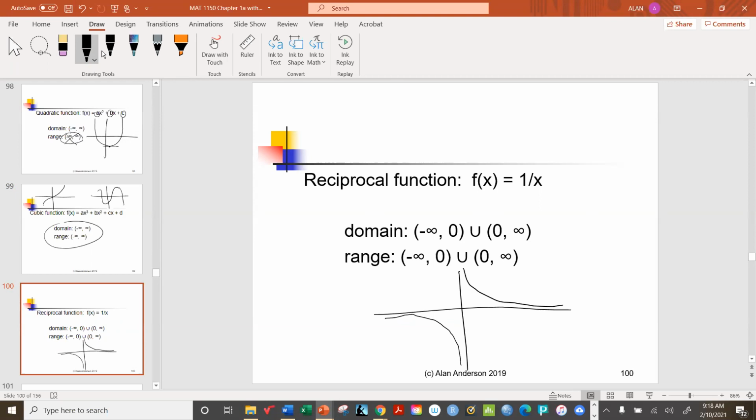Both the horizontal and the vertical axes are asymptotes. So x cannot be 0 and y cannot be 0. That's why the domain and the range look like this. They both exclude the possibility of 0, but all other values are possible.